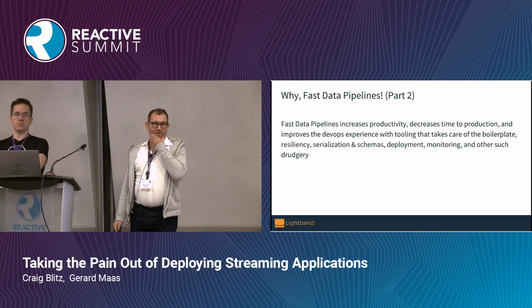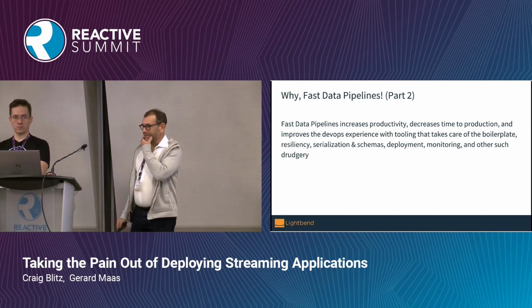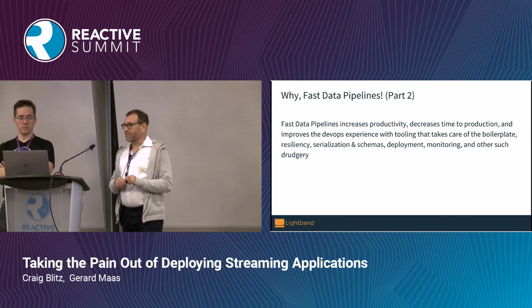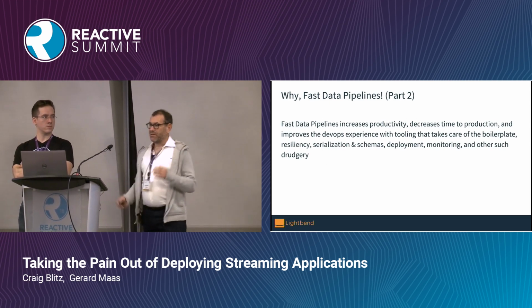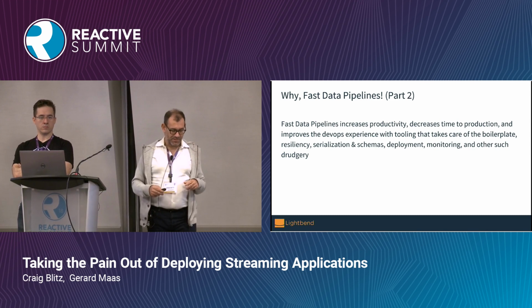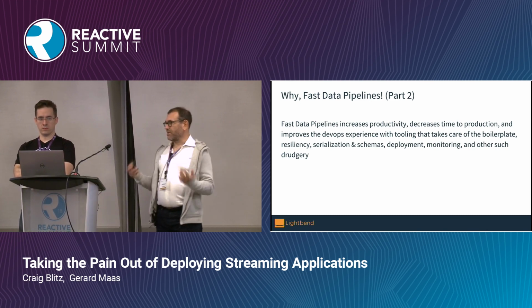So why fast data pipelines? Fast data pipelines is intended to increase productivity, reduce your time to market, all the standard things.